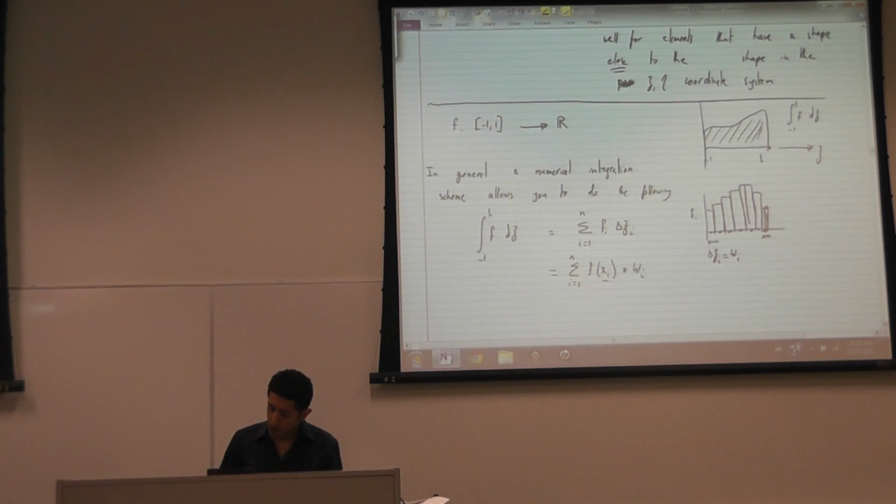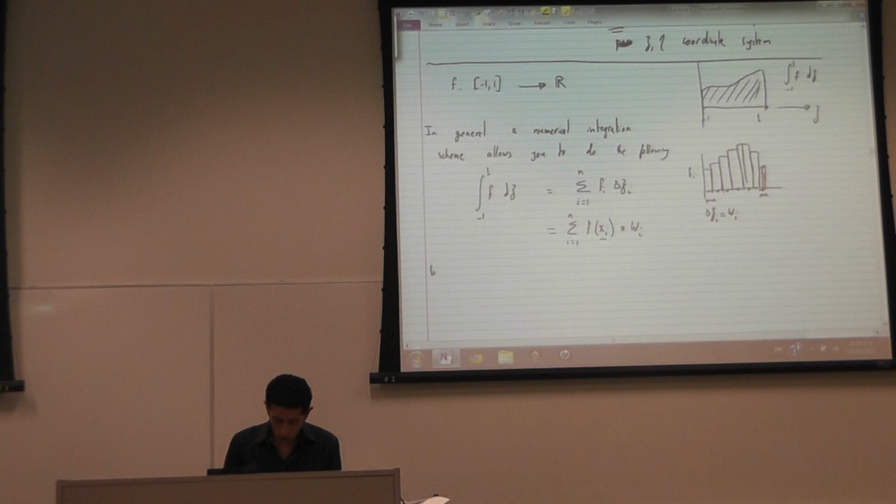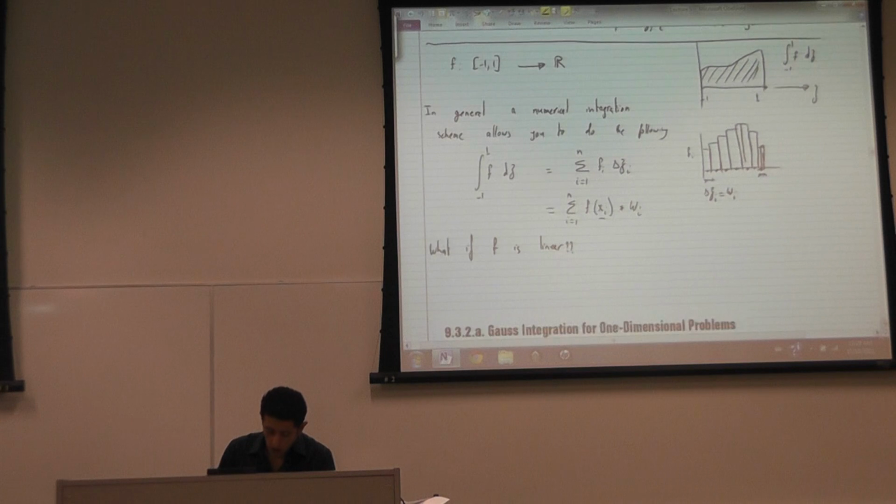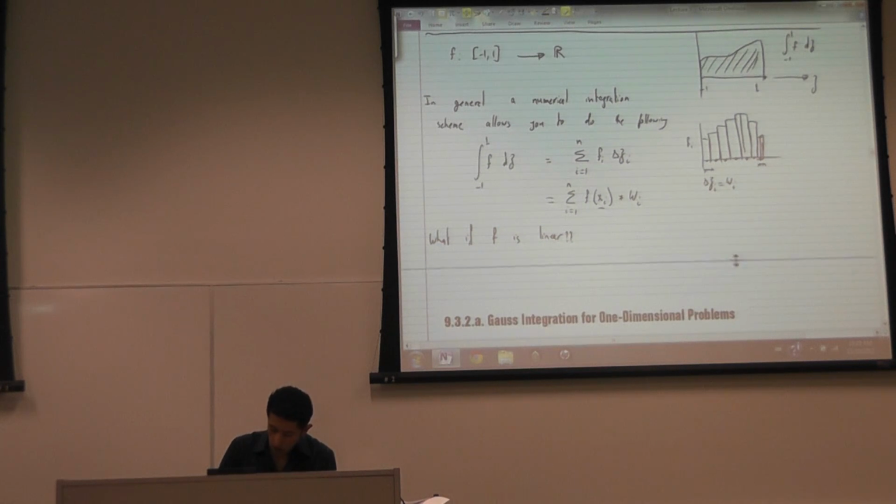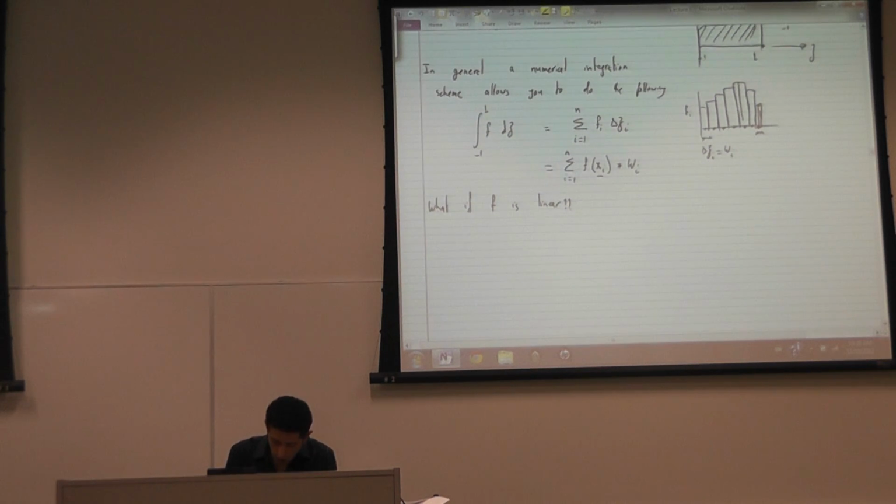Now let's see what happens if f is linear. What if f is linear? I'm going to replace the integral from -1 to 1 of f dx. When f is linear, f is equal to a0 plus a1x.